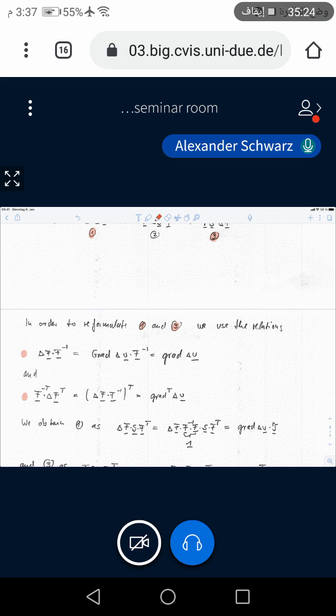In the first step, I replace this one with this one. I know that delta F is the gradient of delta U, and with this in hand I use the formula and finally arrive at the small gradient of delta U. We have learned this already. Now I make a trick.